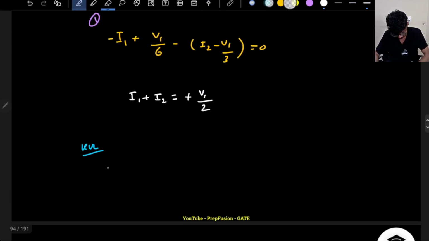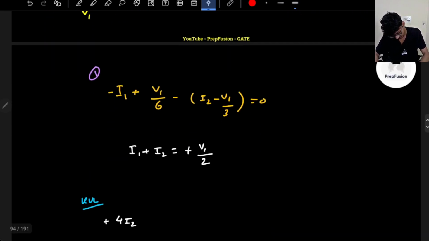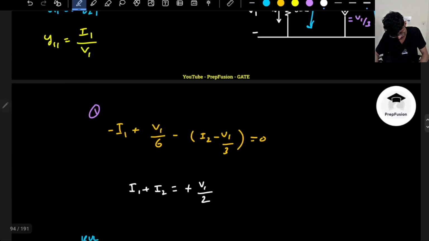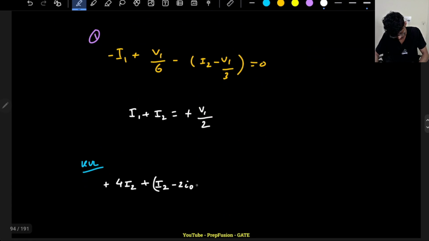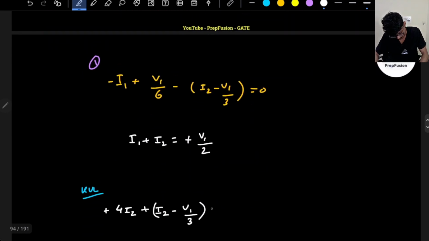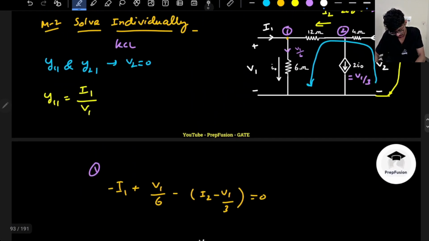KVL will be 4I2 plus 4I2, and this is I2 minus V1 divided by 3 into 12, plus I2 minus V1 divided by 3 into 12, plus V1 divided by 6, that is basically equal to V1.